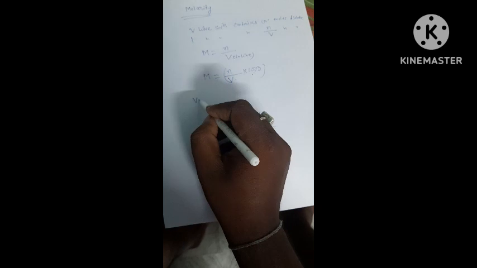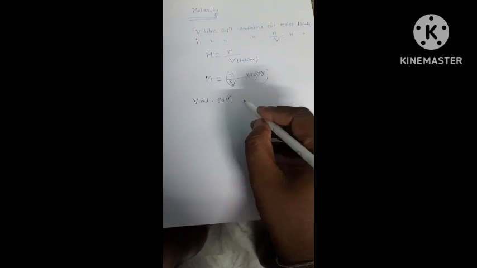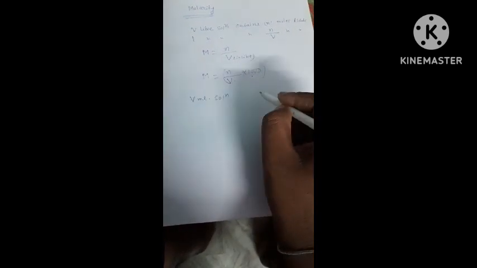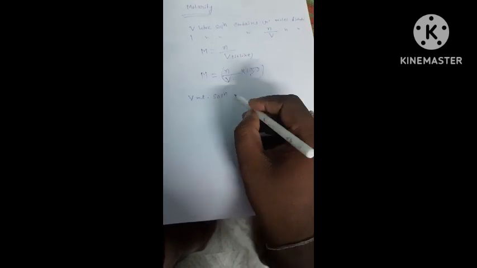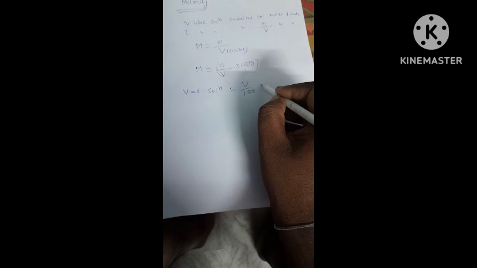You know that, let us consider that there is a V ml solution. So V ml solution means how much in liter? So we know that 1000 ml equal to 1 liter. So 1 ml equal to 1 by 1000 liter, and then V ml equal to V by 1000 liter.